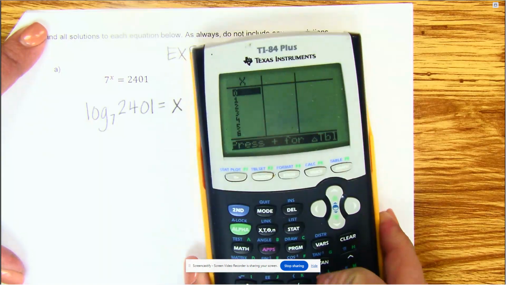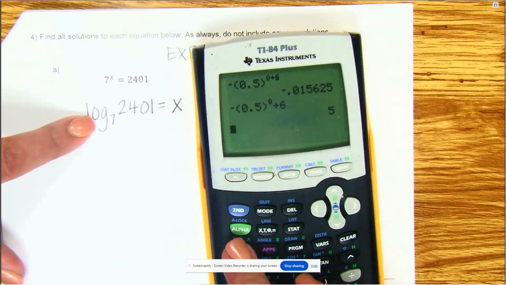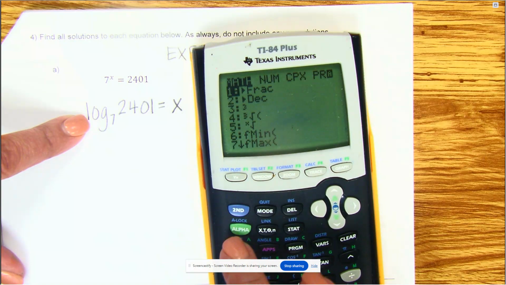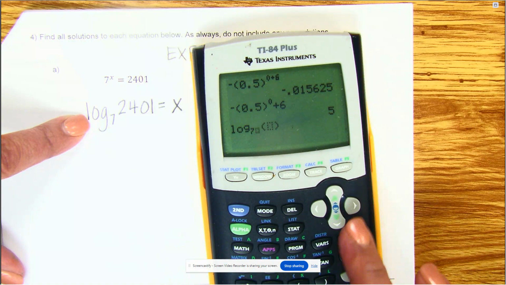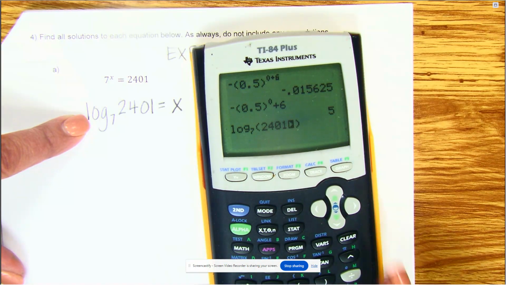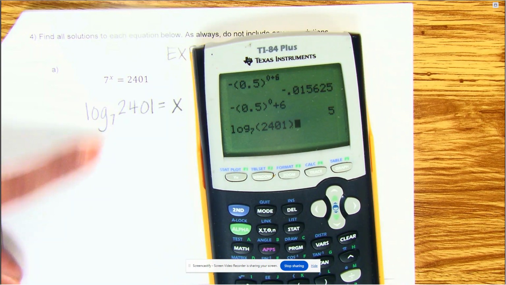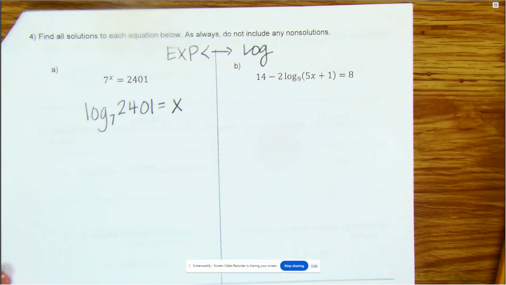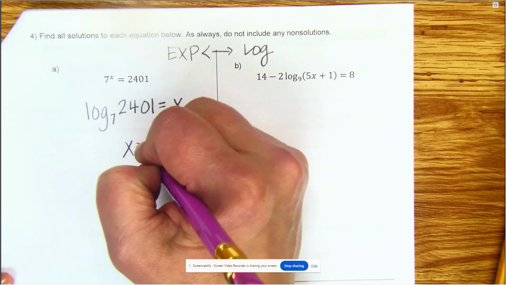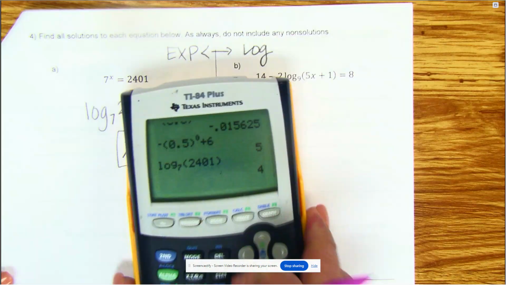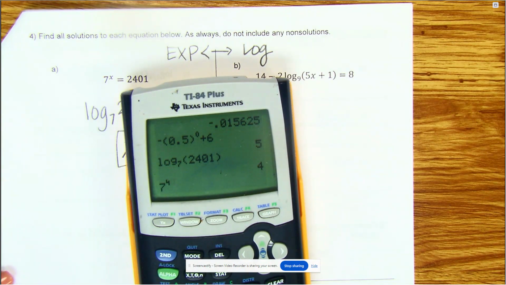Our calculators have this base button, math, alpha math, log base 7. The calculator has stored in it the power I need to raise 7 to get 2,401. The answer is 4. You could check it. 7 to the 4th is 2,401.